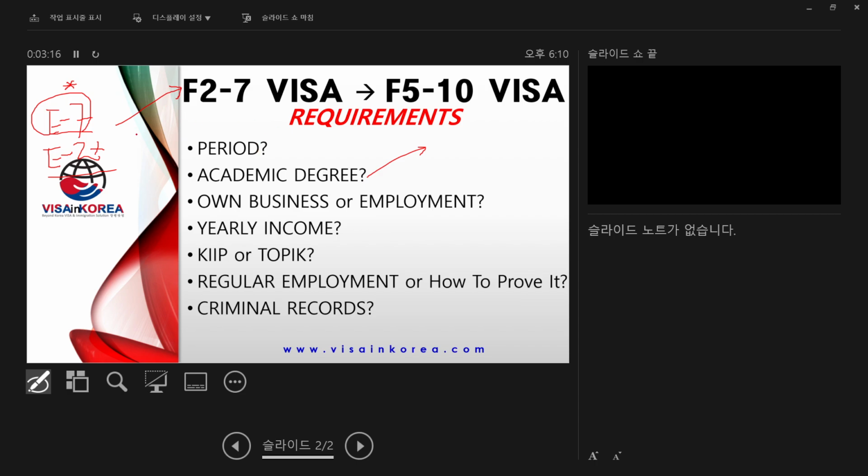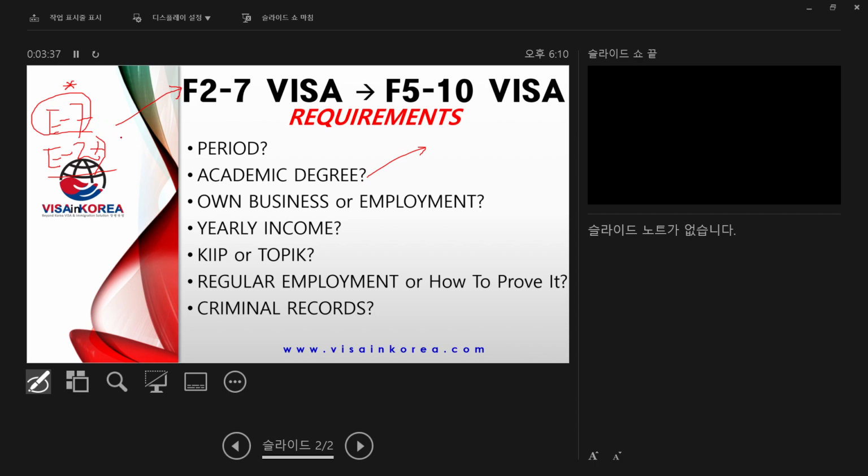So the period starts after you got the master's or bachelor's degree from one of the Korean universities. It exactly starts from the date of issuance of your diploma from Korea or overseas, right? The same thing.